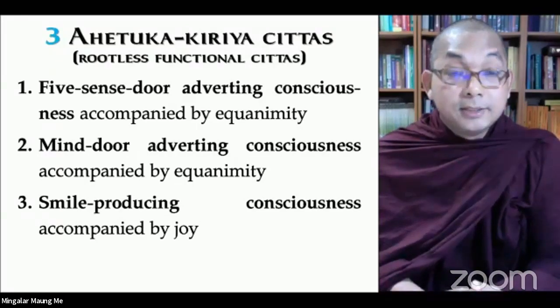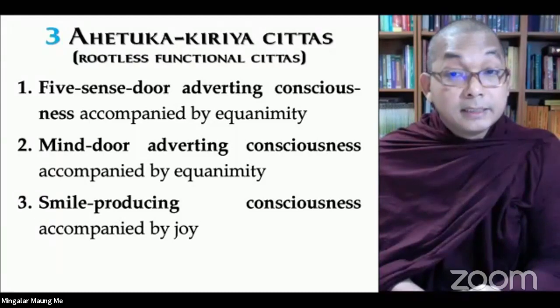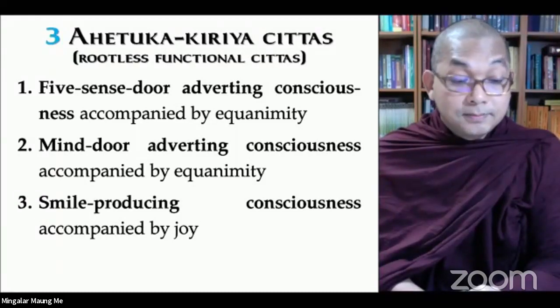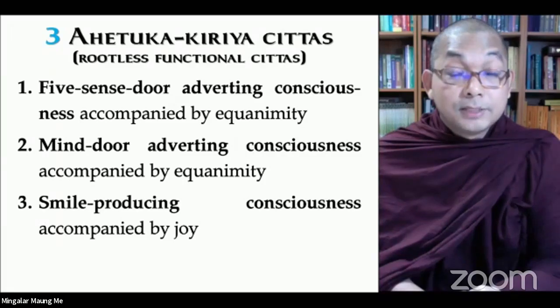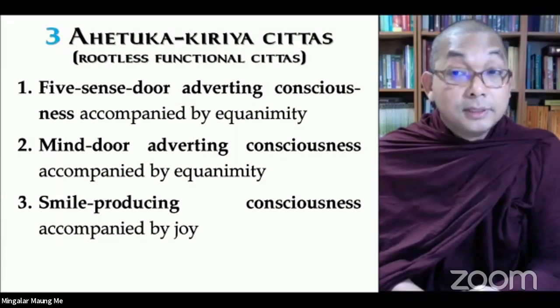You should take note that we have 20 types of functional kriya chaitas. Among them, only 2 can arise in the minds of everyone. The rest arise only in the minds of Arahants and the Buddha.